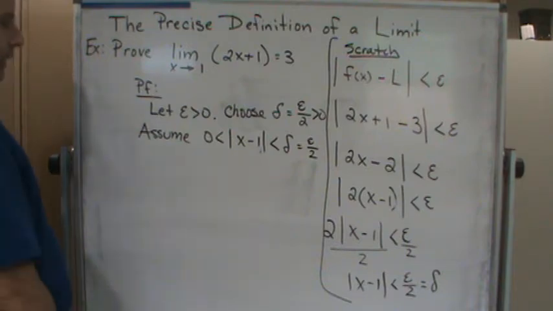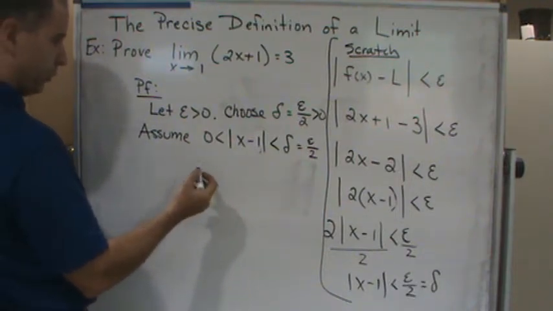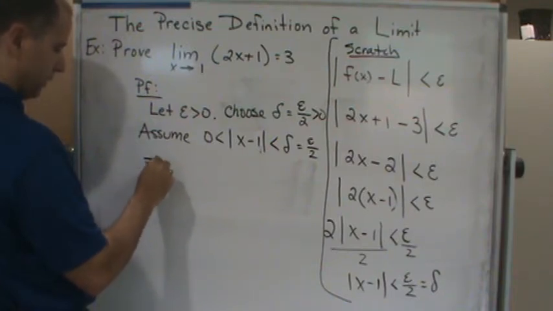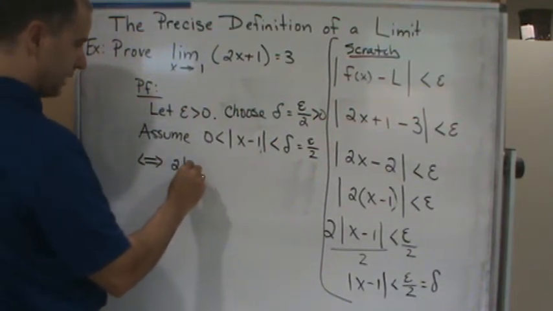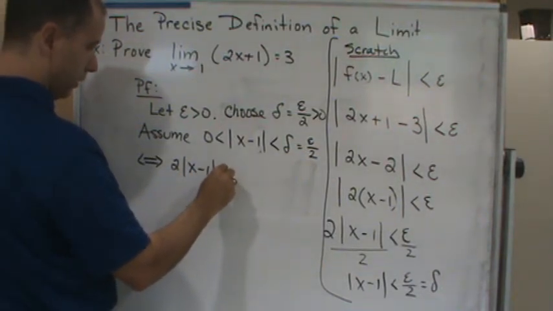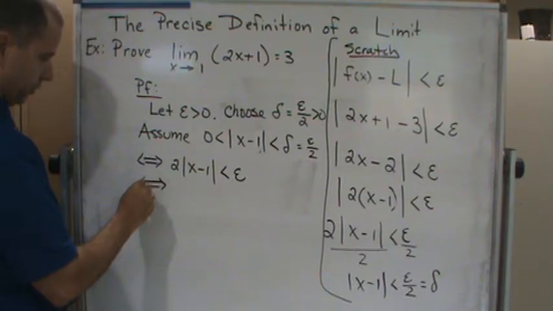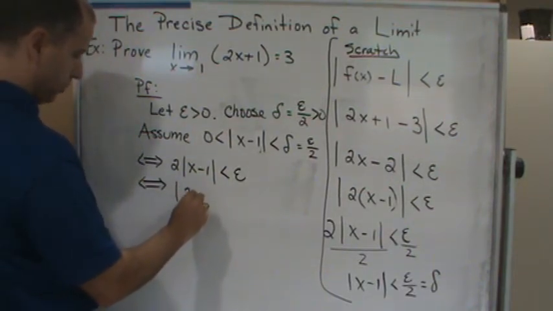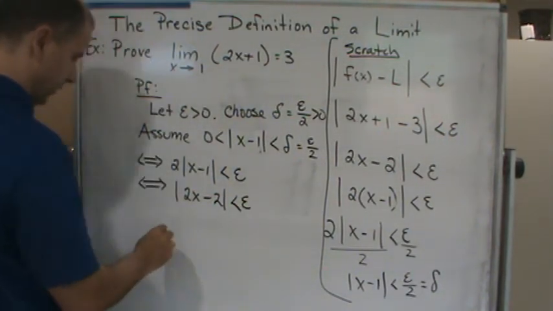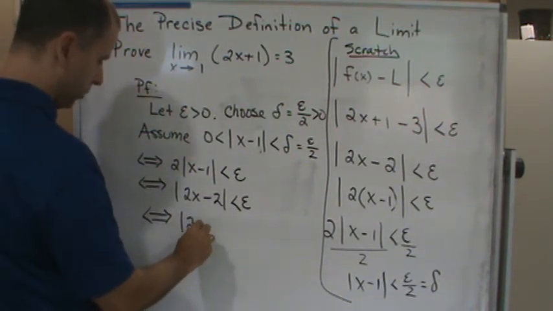So now what I'm going to do is, using this as the assumption, watch what happens. I'm going to multiply both sides by 2. So this is equivalent to 2 times the absolute value of x minus 1, which is less than epsilon, which is equivalent to the absolute value of 2x minus 2 is less than epsilon, which is equivalent to the absolute value of 2x.